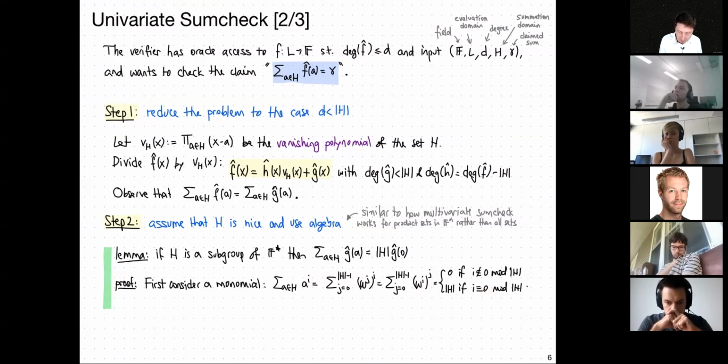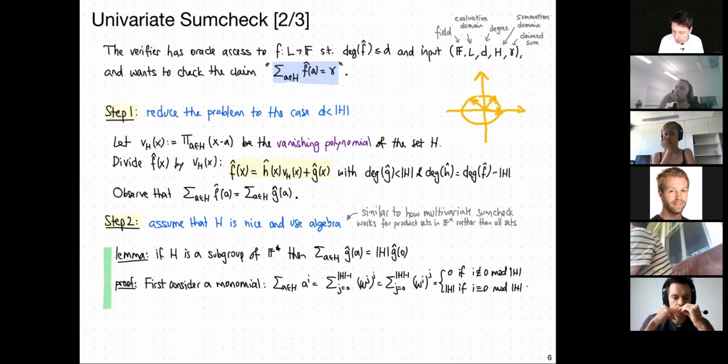And the way you want to think about this is there's very good intuition from roots of unity in the complex plane. For example, if you sum up all the roots of unity in the complex plane, then you get 0, right? They have this sort of relationship. So if i is not 0 mod h, it's going to be something, and when you exponentiate it to the j, essentially you have a term that is summing up all the roots of unity.